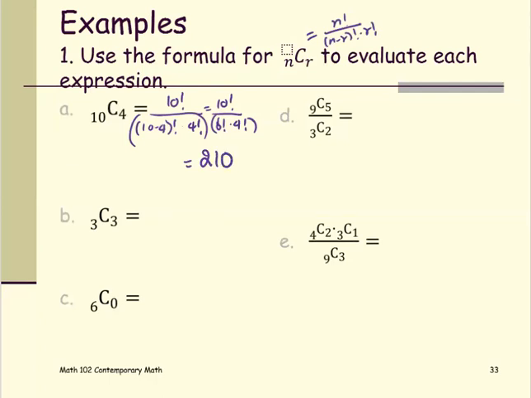And then part B, if we do the formula, is going to be 3 factorial for the N divided by 3 minus 3 factorial times 3 factorial. Or we get 3 factorial divided by 0 factorial times 3 factorial. Okay, and put in the calculator.